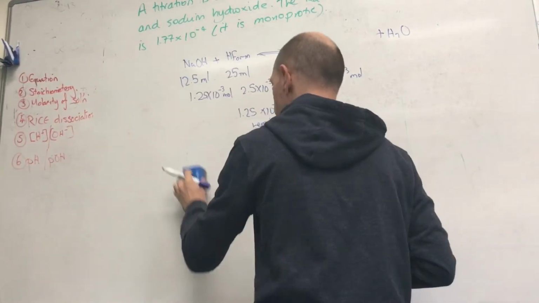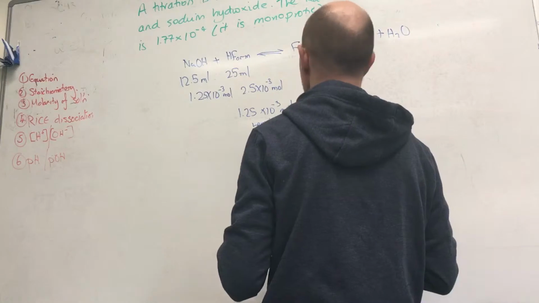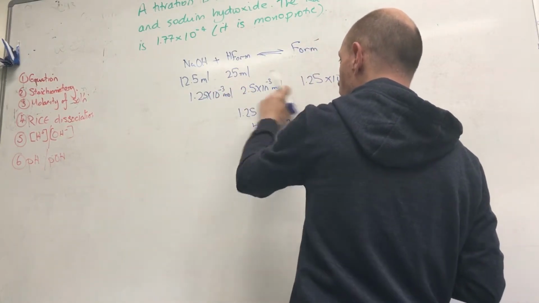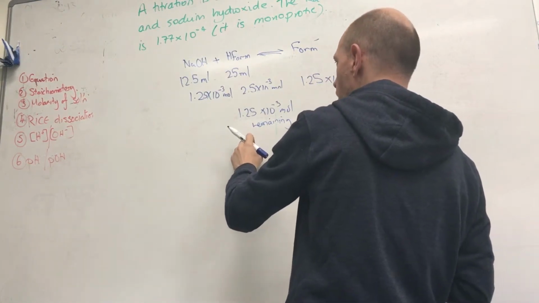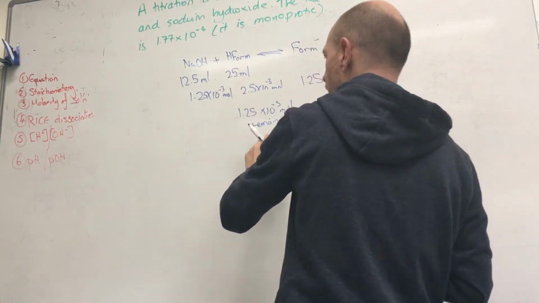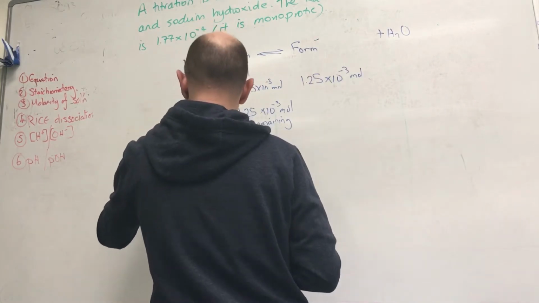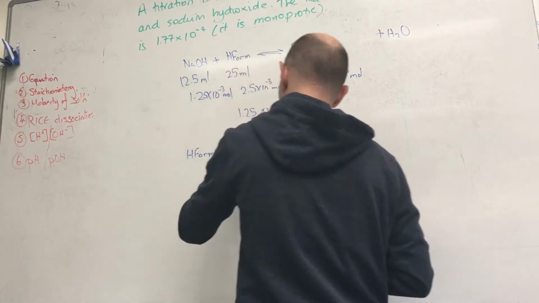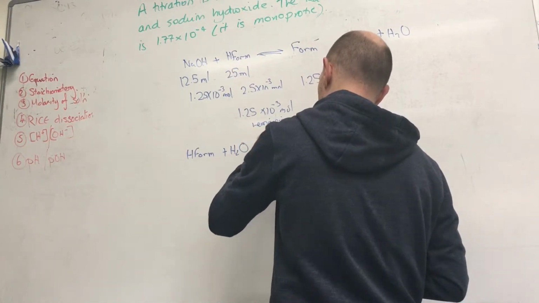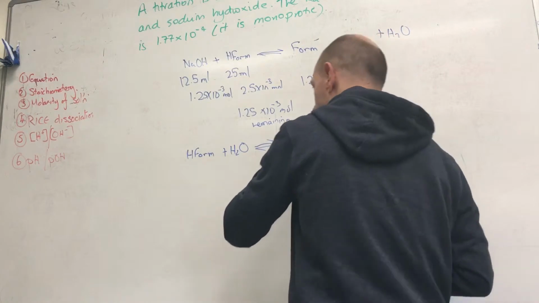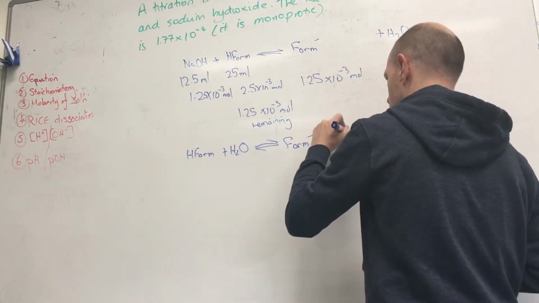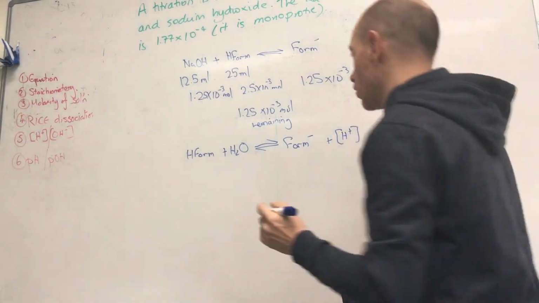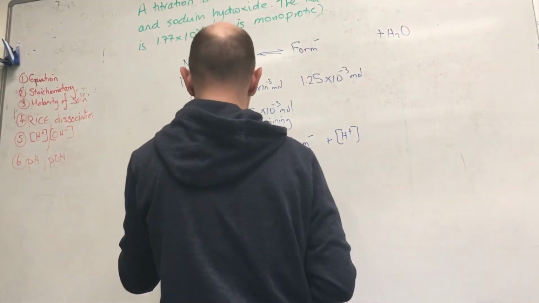That's the chemical equation, and then when we do our dissociation, because we're dissociating our 1.25 millimoles, or 1.25 times 10 to the minus 3 moles of formic acid, so then we've got HCOOH plus H2O making HCOO minus plus H plus. Okay, everyone get that?